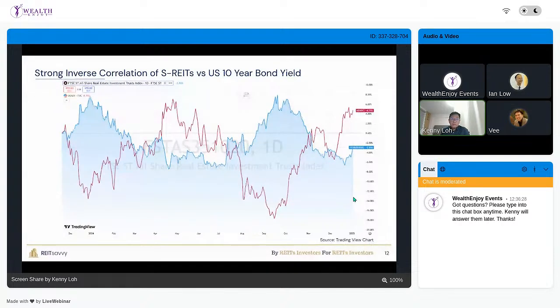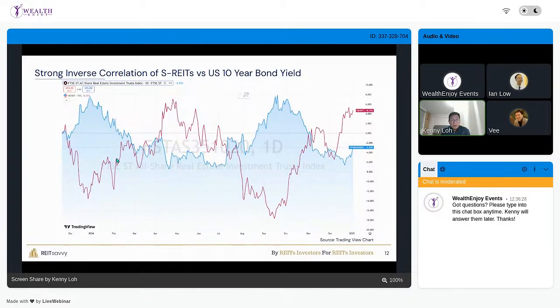And this 10-year risk-free rate has a very strong correlation with Singapore REITs. Since 2023, you can see clearly on this chart, there is an overlay of the US 10-year risk-free rate, indicated in red, and the FTSE ST REIT index is represented by this blue line.